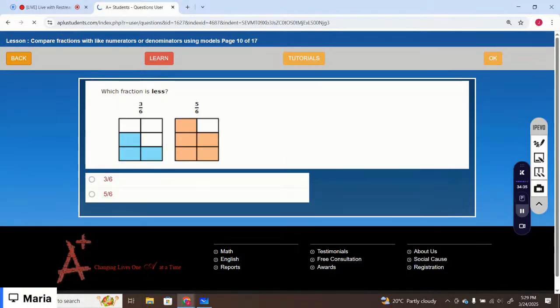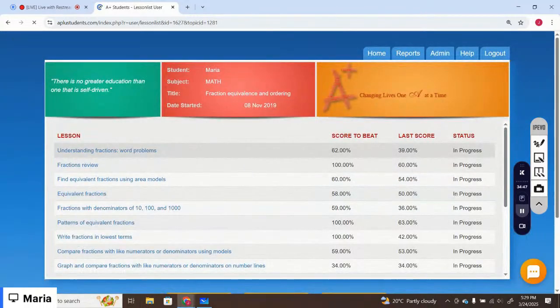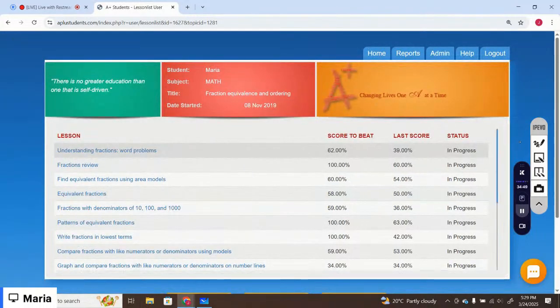Okay, you can complete the lesson by yourself later today. So we were working on grade 4 math. The chapter we were working on is fraction equivalence and ordering.